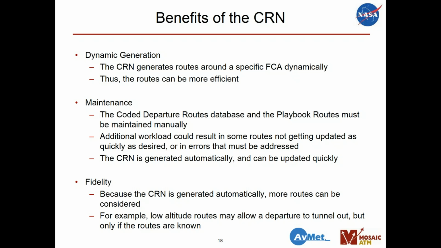One of the examples that I just pointed out here in the slide is low altitude routes, tunneling escape routes, for example. I recognize that there are also databases and published escape routes to be able to get out of Dodge from many major airports, but the CRN may be able to identify additional routes in unusual or rare circumstances that may not be included in the database and may provide some benefit.